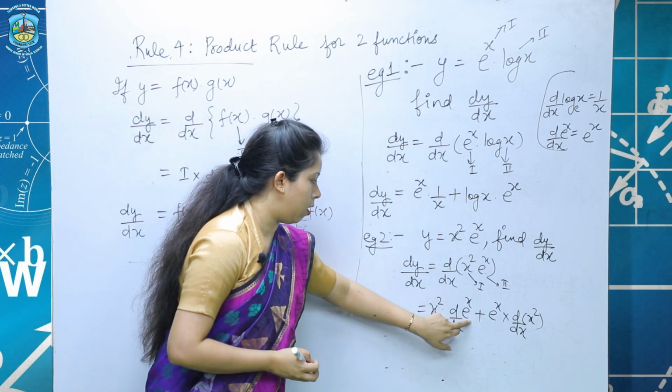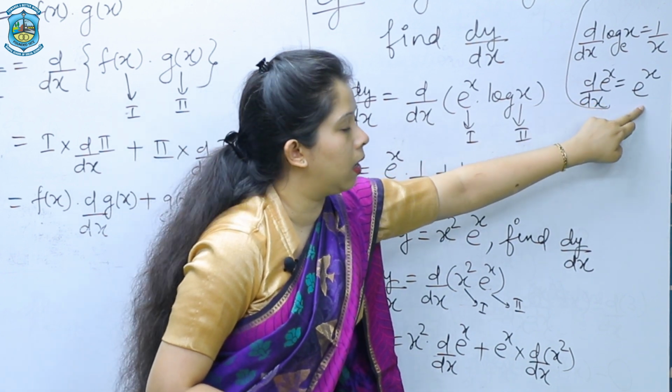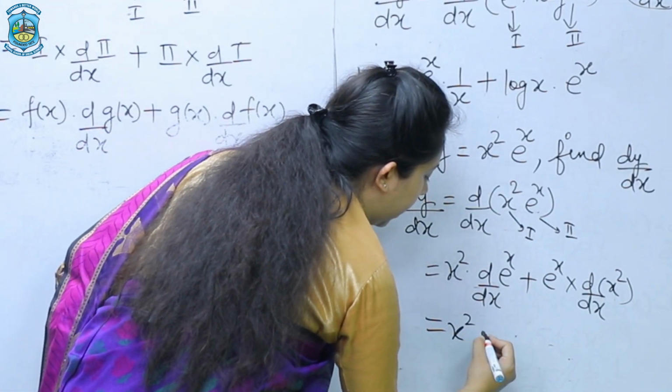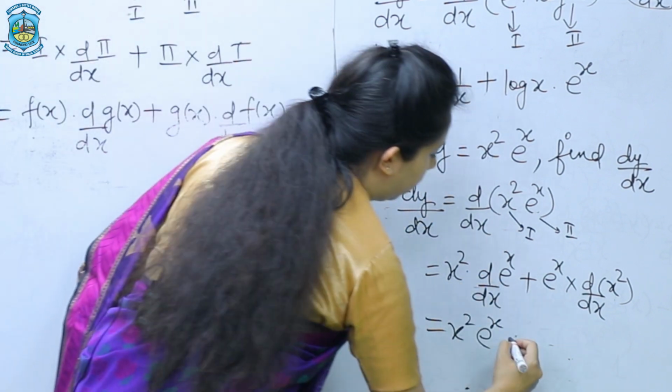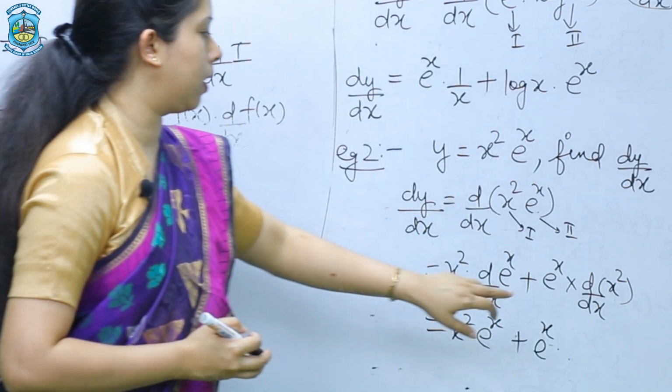So differentiation of e raised to the power x is e raised to the power x. So we get the first term as x square into e raised to the power x plus e raised to the power x into differentiation of x square.